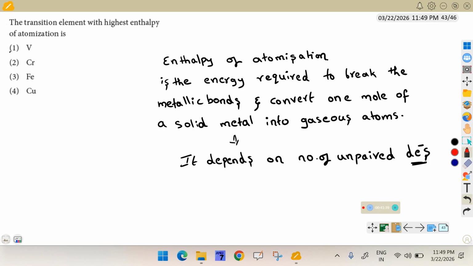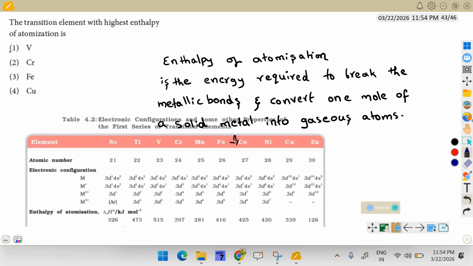The transition element with the highest enthalpy of atomization. Enthalpy of atomization means the energy required to break metallic bonds and convert 1 mole of a solid metal into gaseous atoms. Here vanadium is given, chromium is given, iron is given, as well as copper.